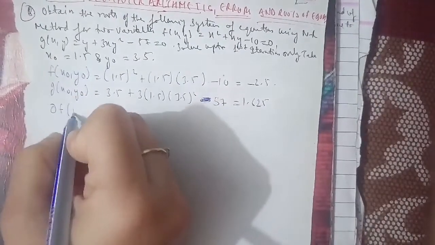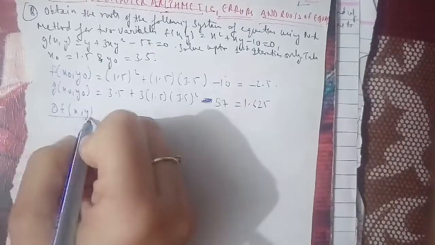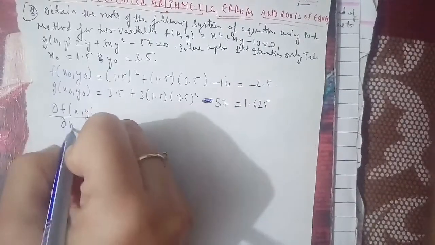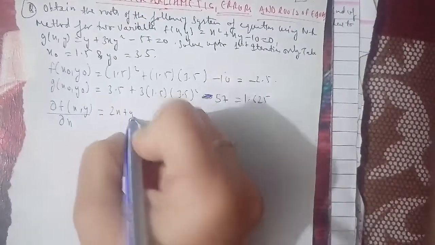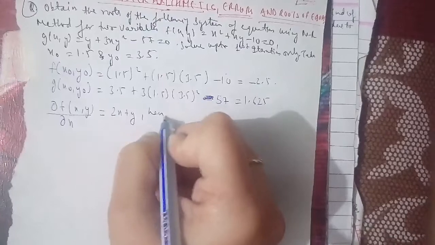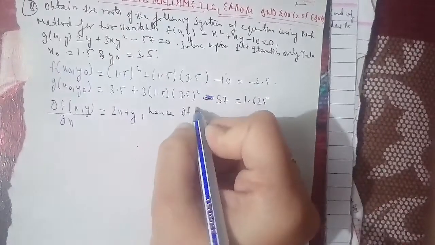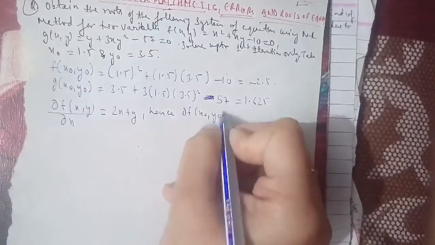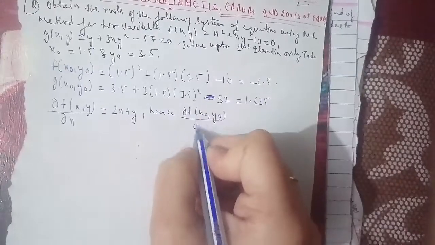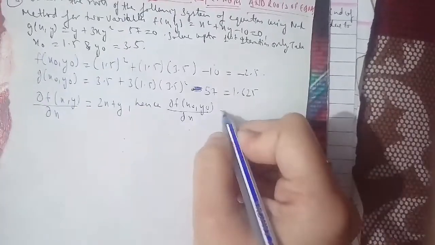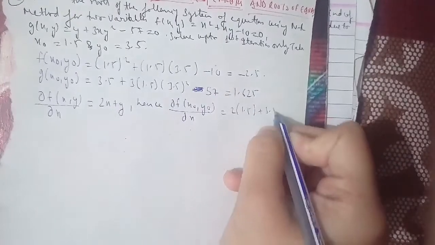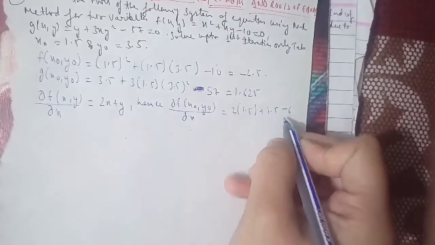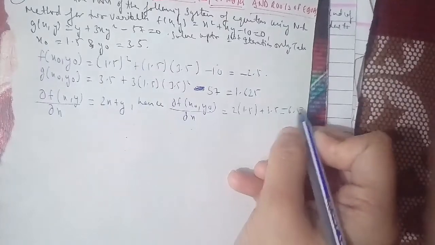The differentiation of f(x, y) with respect to x is 2x + y, hence at (x0, y0) it equals 2 times 1.5 + 3.5, which is 6.5.